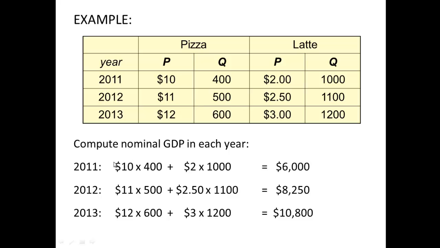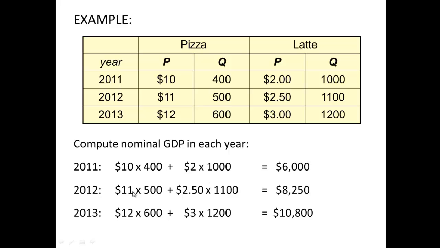This would fall under consumption. So we would have 10 times 400 plus 2 times 1,000, because we can only buy 2 products in this economy, pizzas and lattes. And so we have to sum it in order to find out what our GDP is. And in 2011, our GDP is 6,000.